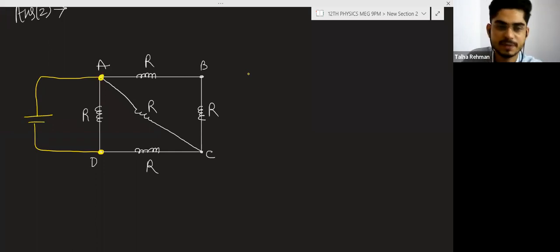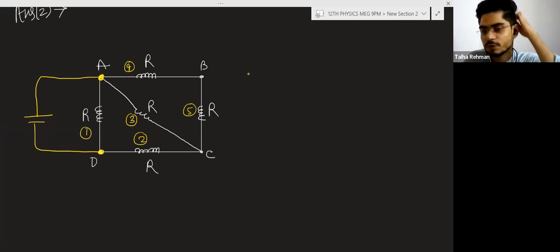And I am representing this resistance as 1, this resistance as 2, this resistance as 3, this resistance as 4, this resistance as 5. Means this is 1, 2, 3, 4, 5. You can name the resistance according to you. You can number the resistance.